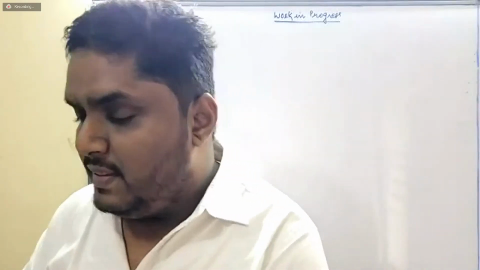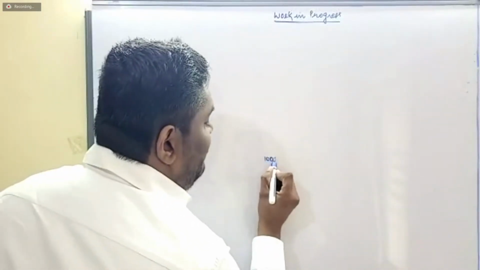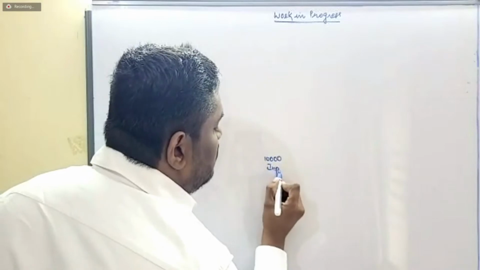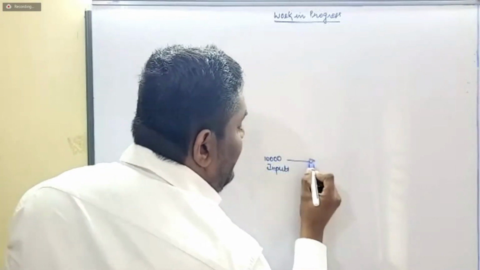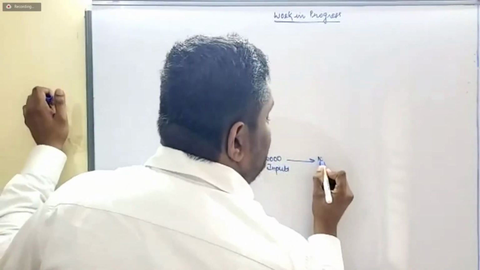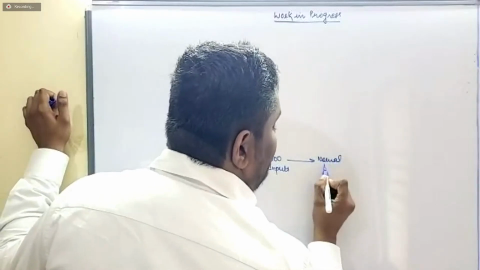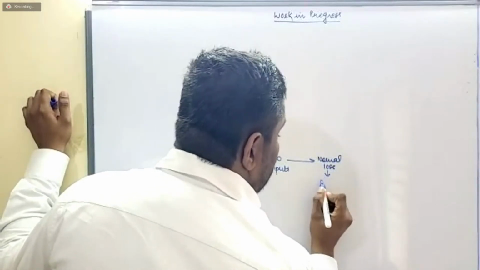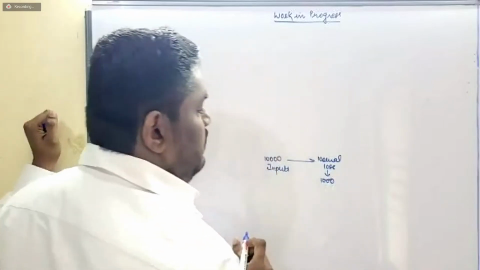Let's say I made an input of 10,000 units. As predicted well in advance, my normal loss is 10% of input. So let's say 1,000 is my normal loss.